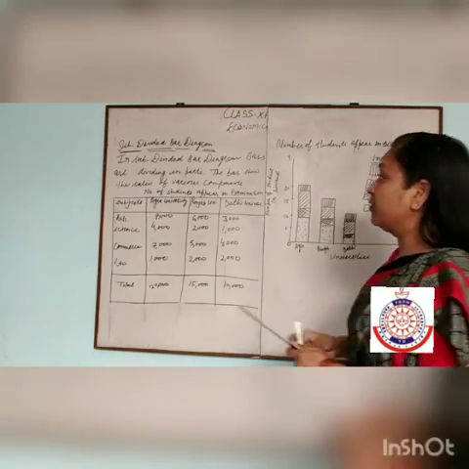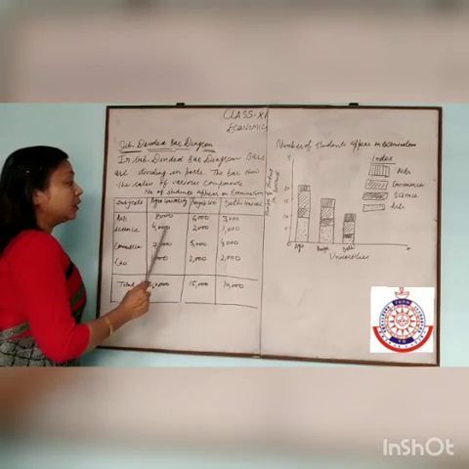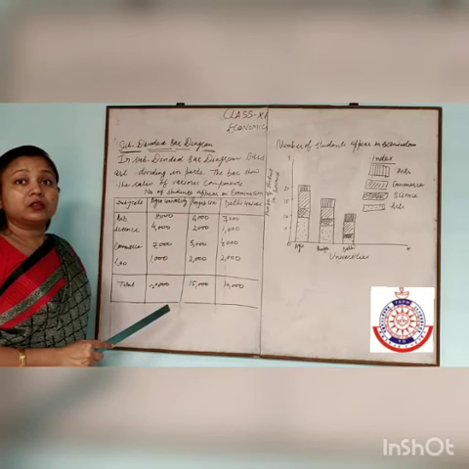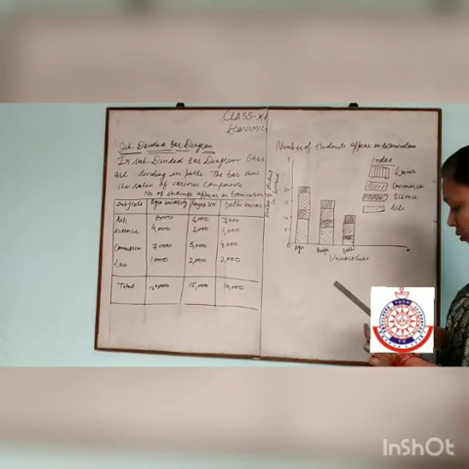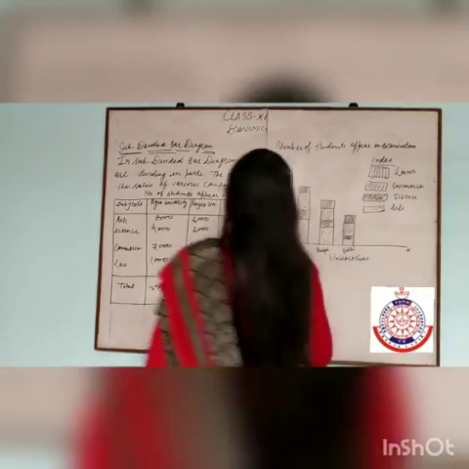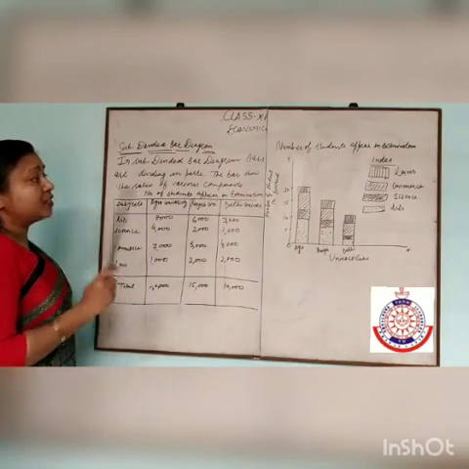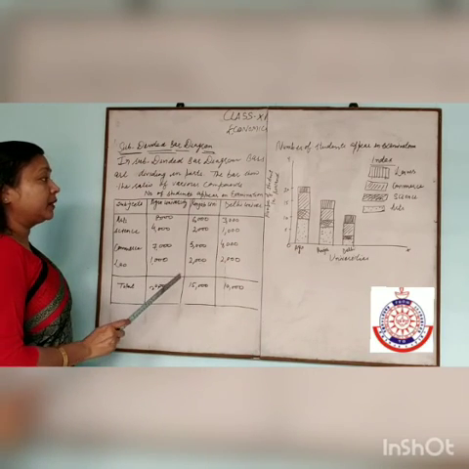Why do we need the subdivided bar diagram? We can show this data with the multiple bar diagram also. This shows the laws. Now what is the difference between the multiple bar diagram and the subdivided bar diagram?